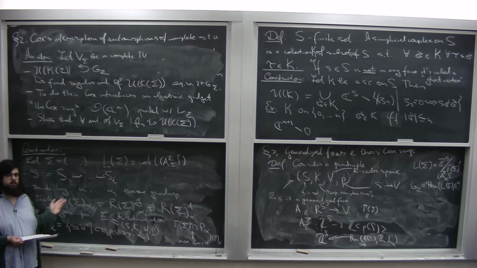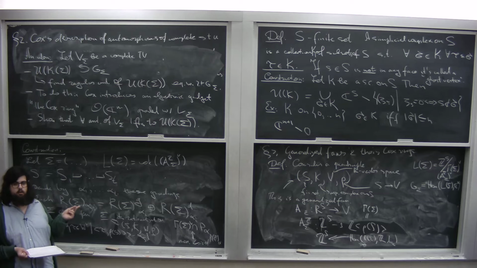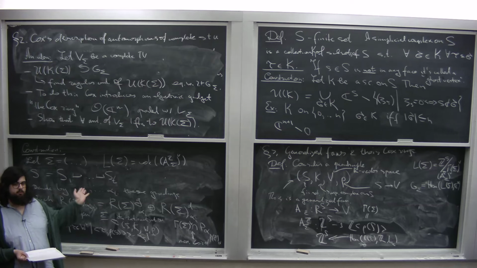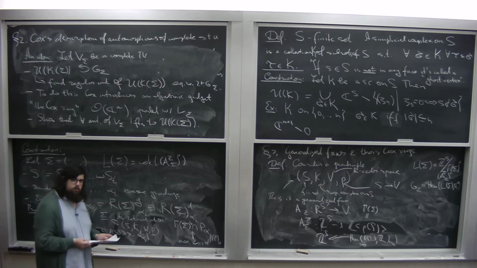But regardless, you can identify elements of S with basis vectors in Z^S, and then they project into L sigma canonically. And this gives us some sort of grading, because you have a class in L sigma corresponding to each element of S.